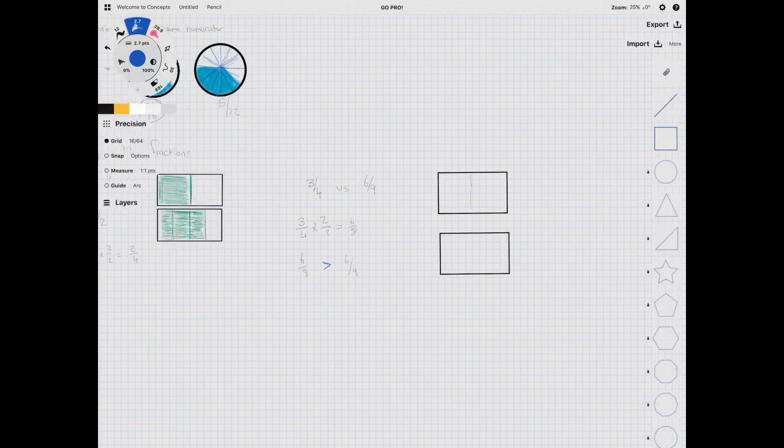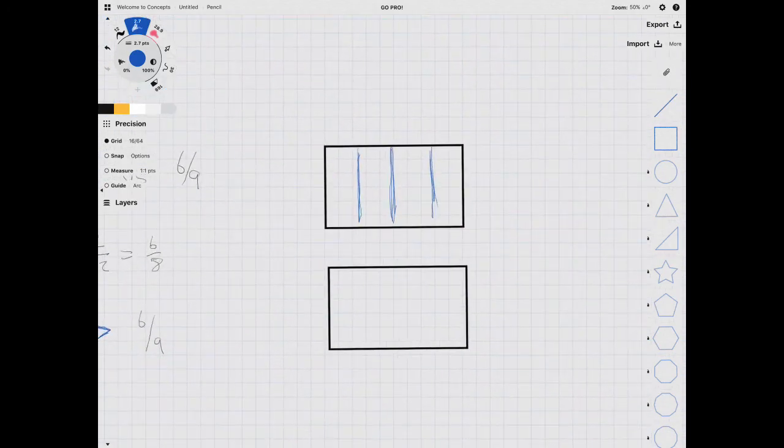So let's split this up into quarters. And we're going to color in 3 of those quarters. 1, 2, 3.